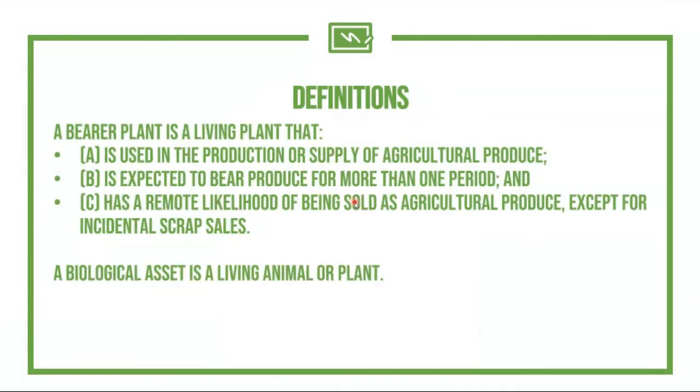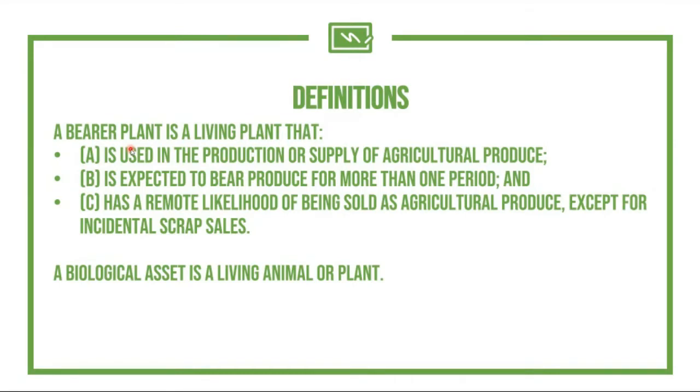Okay, so let's move on. Let us discuss bearer plants. Even though bearer plants are covered by IAS 16, we still need to define a bearer plant so that we can determine if the biological asset that we are maintaining or managing is to be accounted for under IAS 41 or under IAS 16.